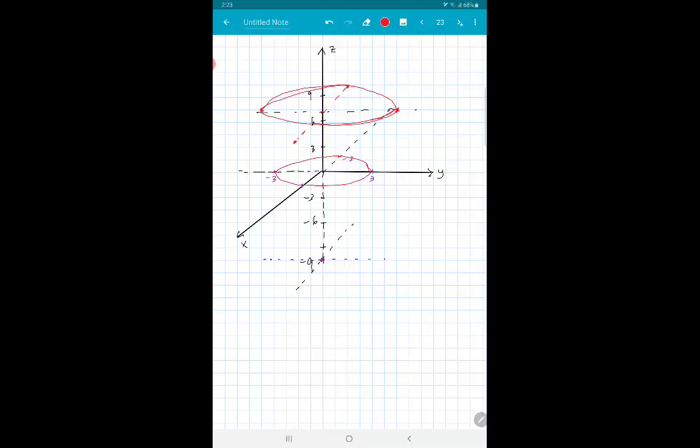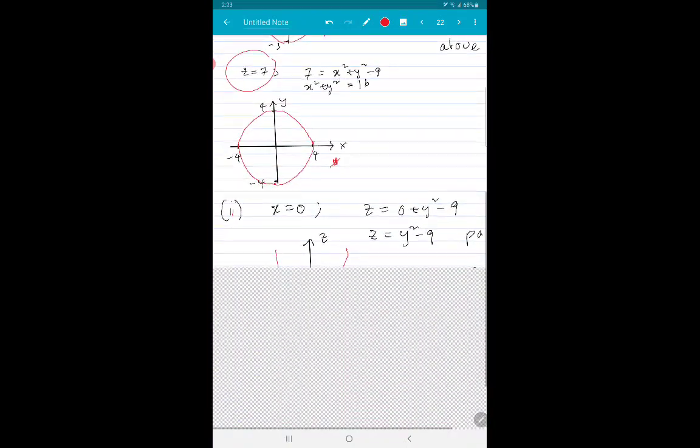All right, I only sketched 3 level curves. One is at z equals -9, where we have a point. At z equals 0, we have a circle of radius 3, and when z is 7, we have a circle of radius 4. And then remember, we have the 2 traces.